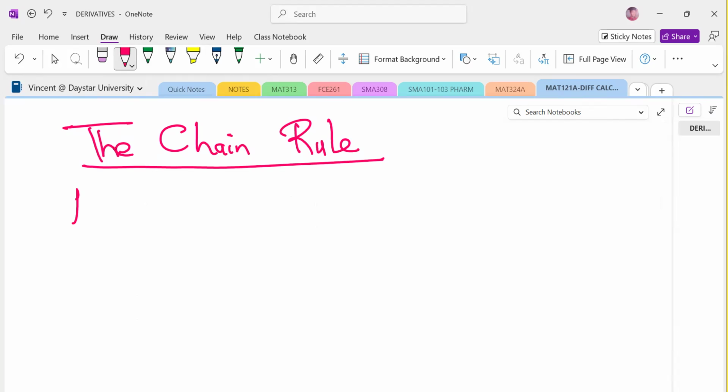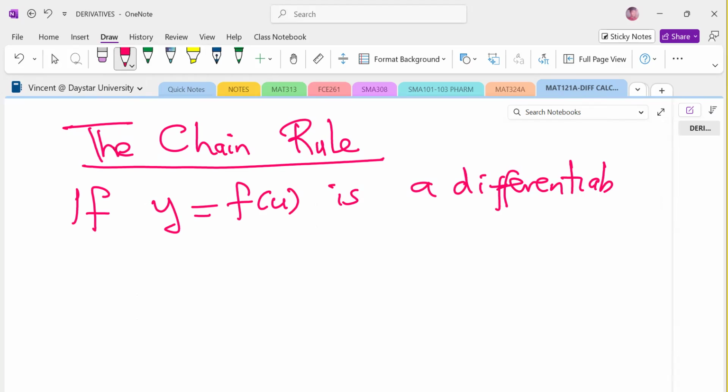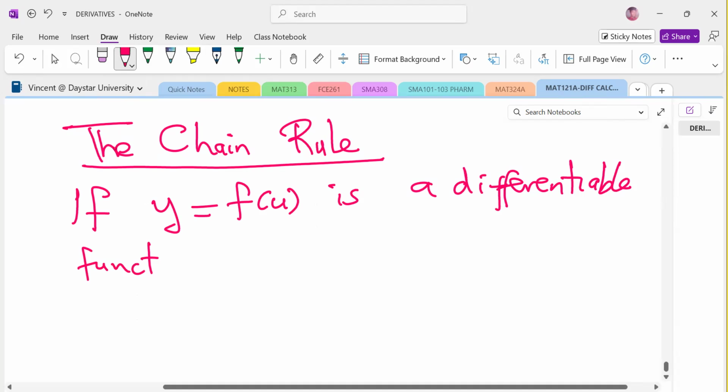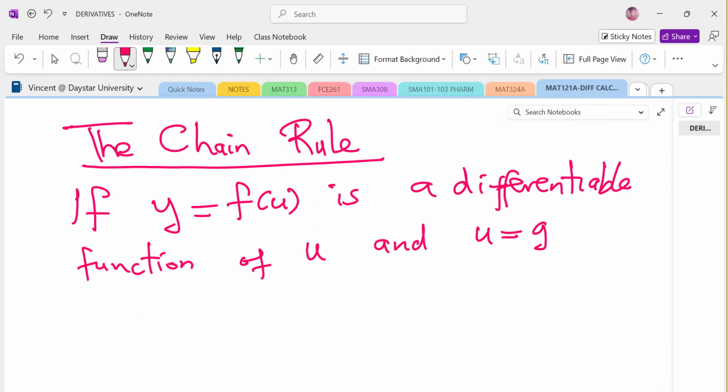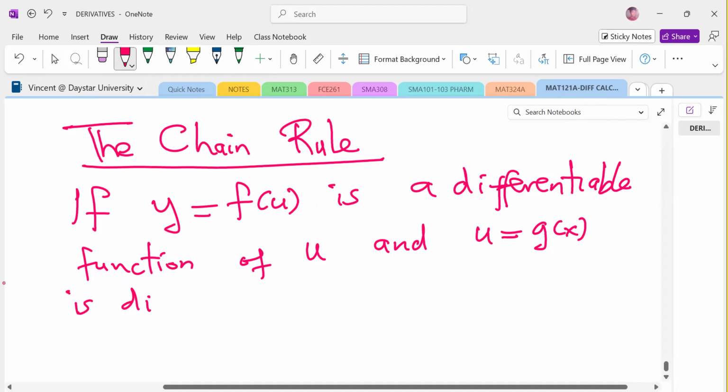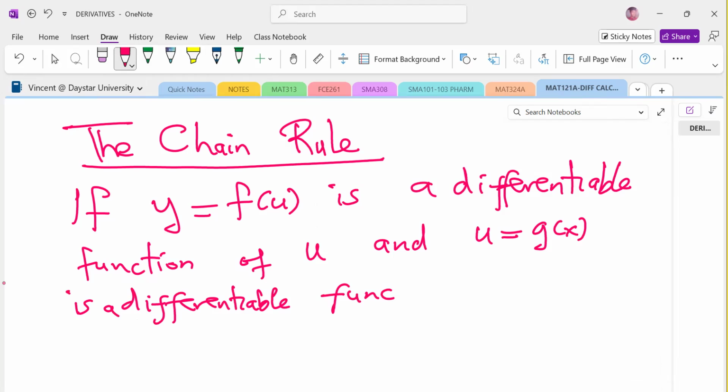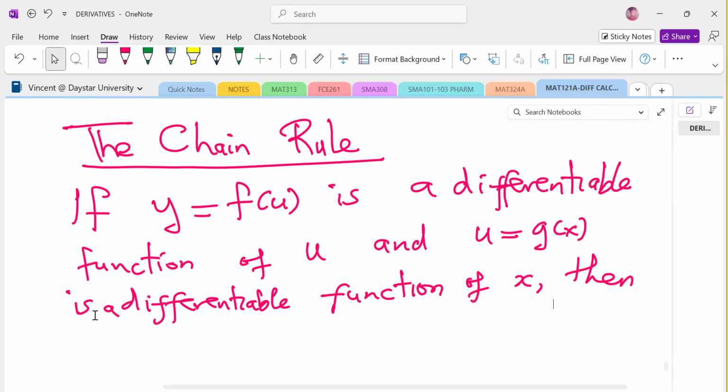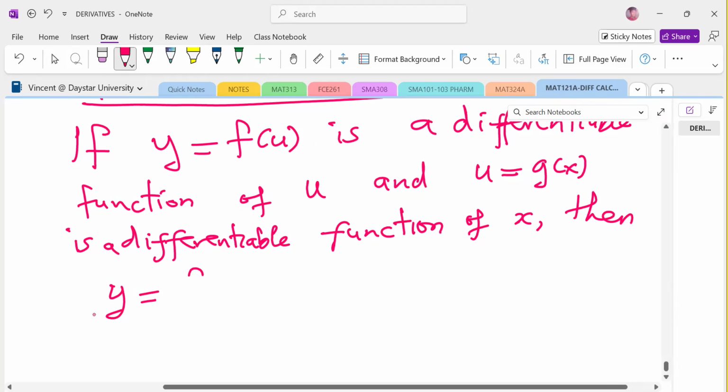So if y is a function of u, and this u is a function of x, then the composite function f of g is a differentiable function of x.